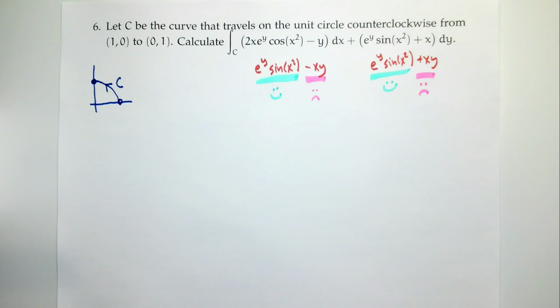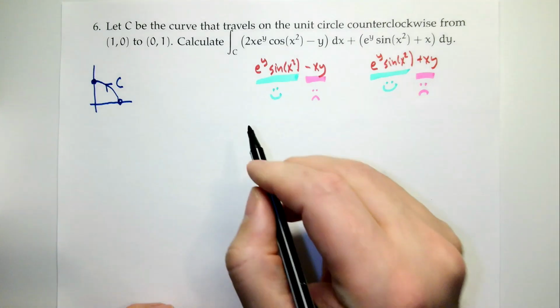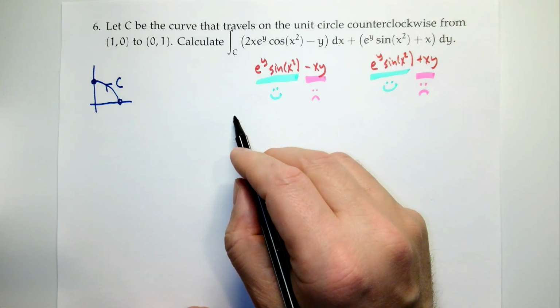Now the question is, what do you do? Do you give up and say, all right, we're just going to integrate everything along the curve, put everything in terms of our parameterization? Or do we do something else? Well, here's the great thing about integration. Integration, you can break up. So what we can say is, hey, let's really think of this as two integrals.